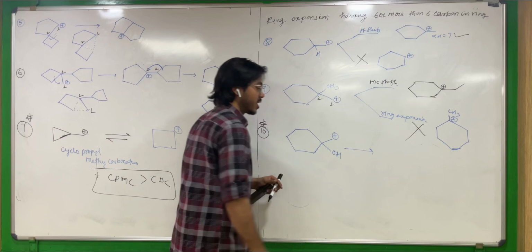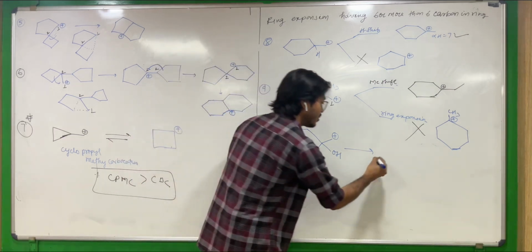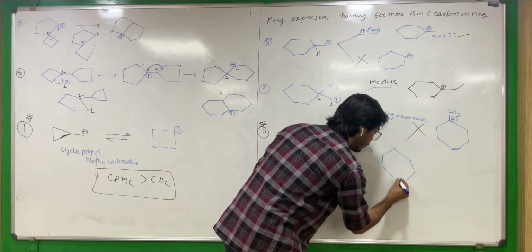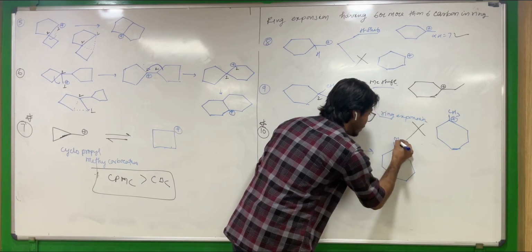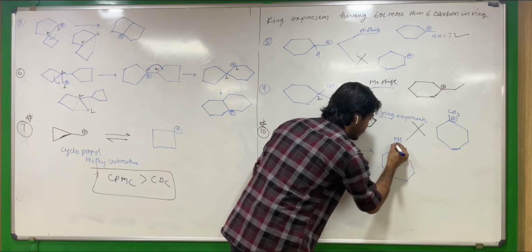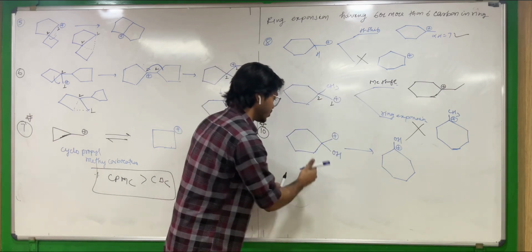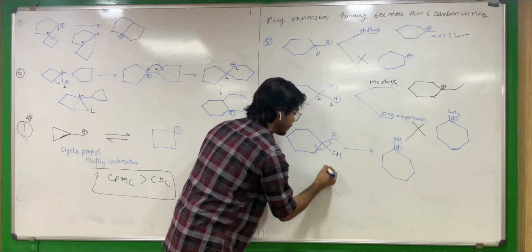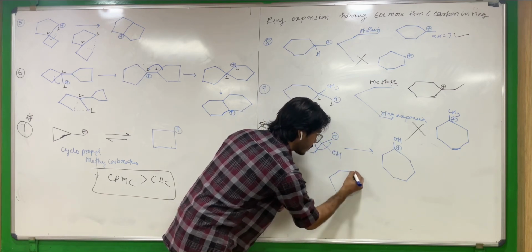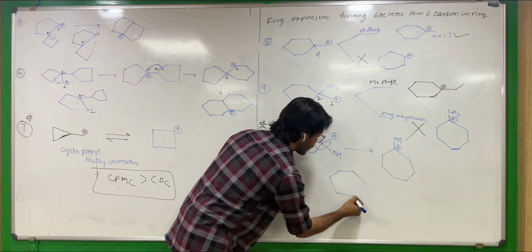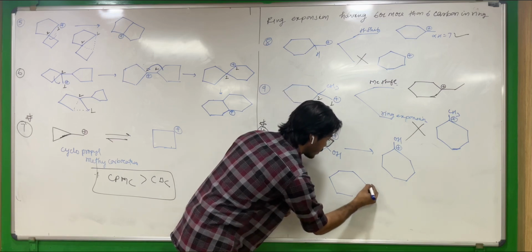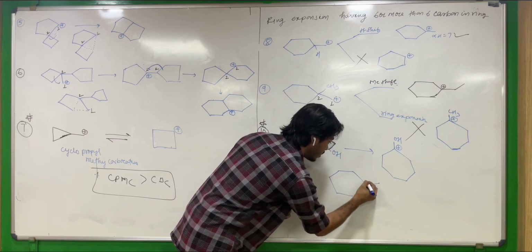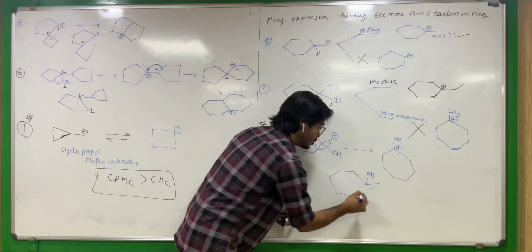Now if we do ring expansion in this case, this bond will break and move here, and OH is present here, so the positive charge will come here.